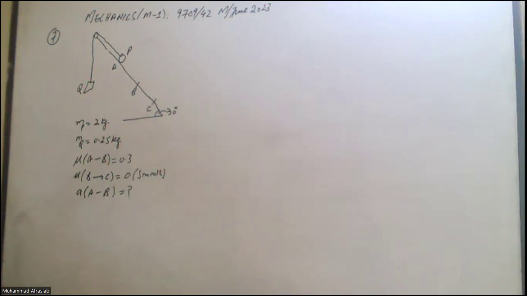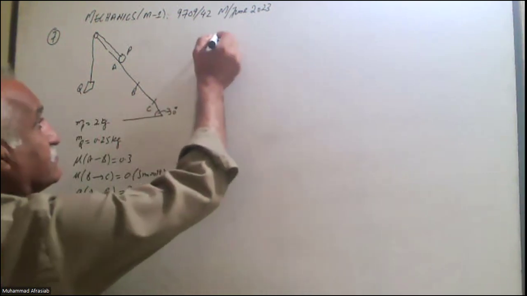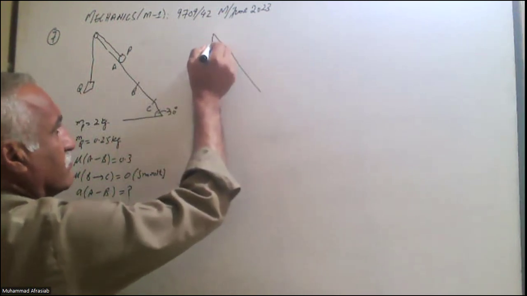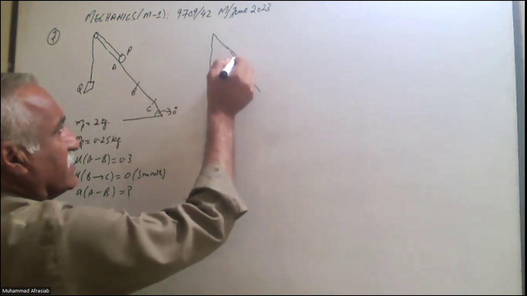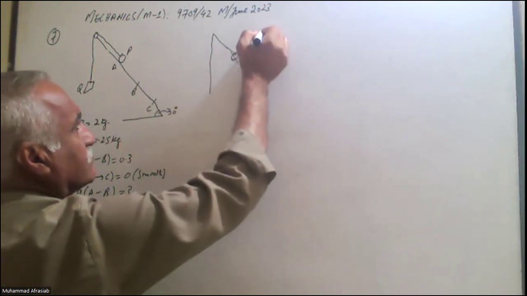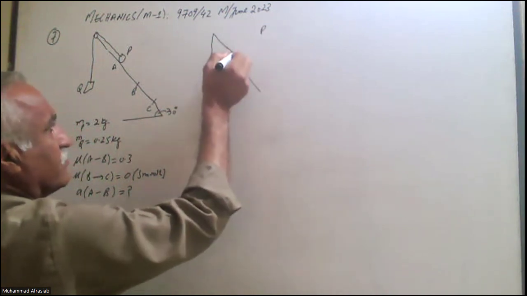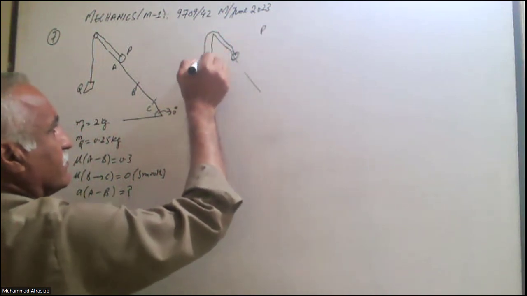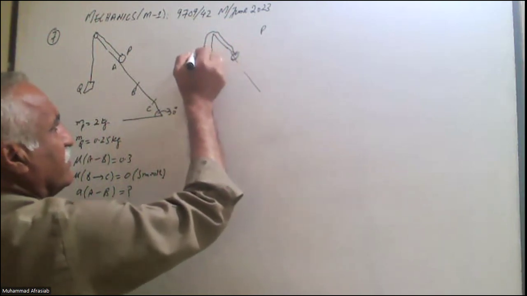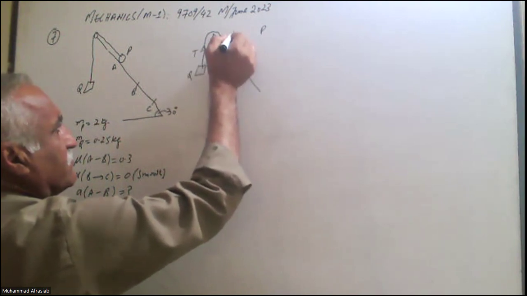From the words of the question, the string is kept taut and Q hangs freely. So from this figure, here is particle P, and this is particle Q. The tension in the string is the same on both.